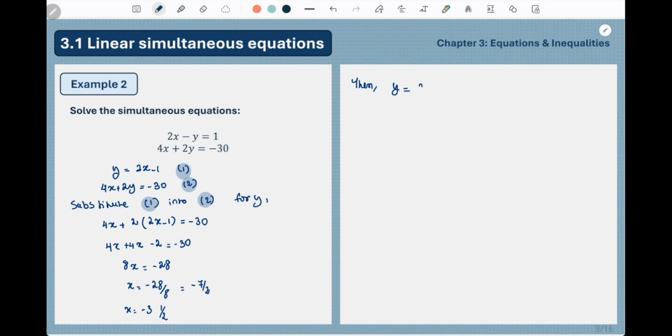So 2 times minus 7 over 2 minus 1. That's minus 7 minus 1, so y equal minus 8. So the solution is x equal minus 7 over 2 and y equal minus 8.